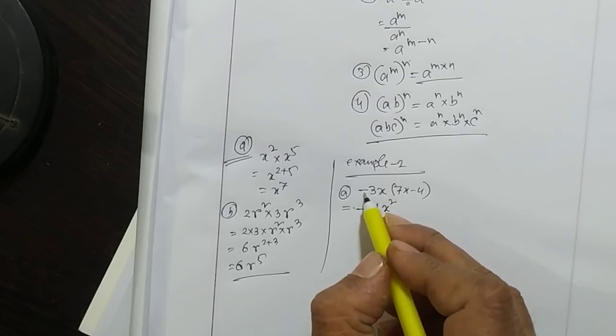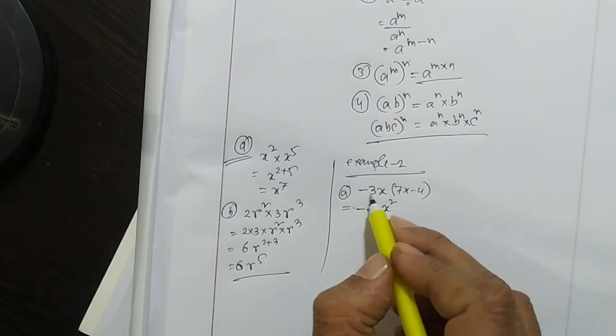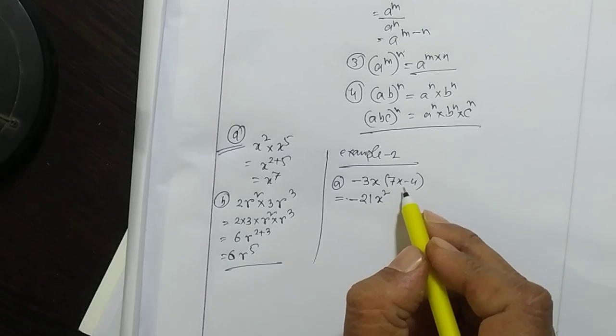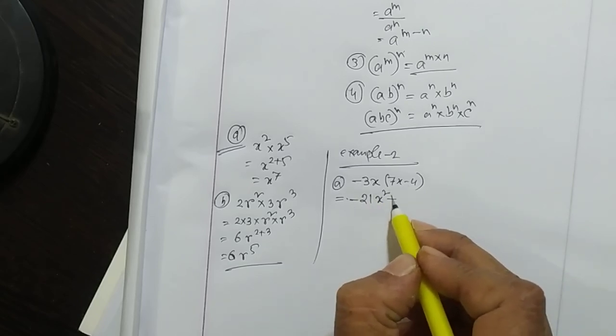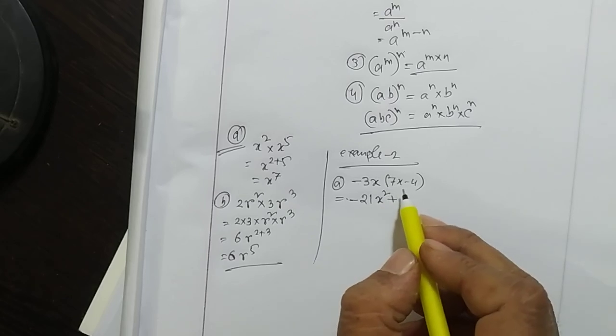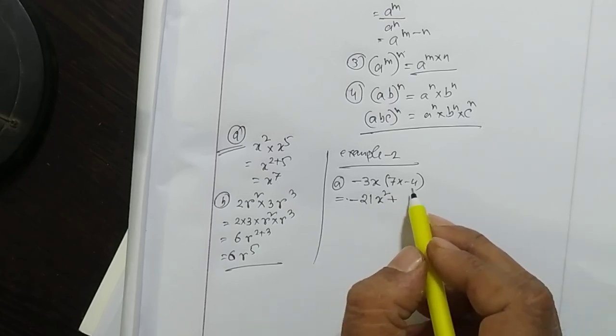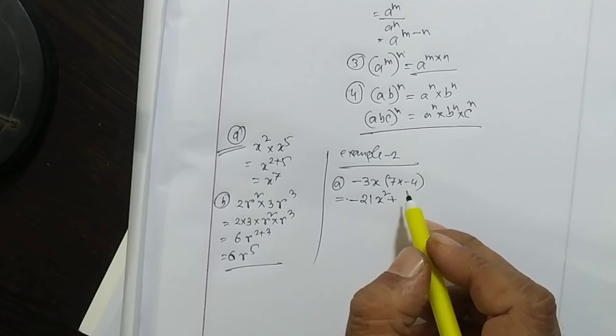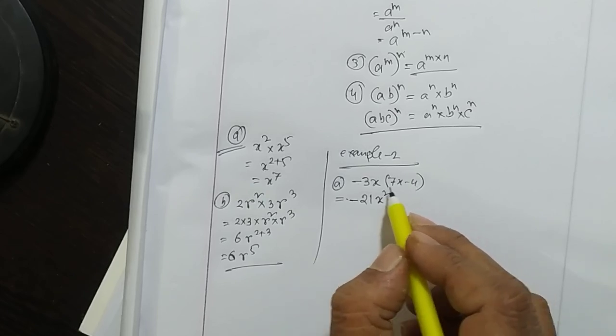Now this minus sign and minus sign, if you multiply them, the sign will be plus. You know, when same signs are multiplied, either minus times minus or plus times plus, the result will always be plus.